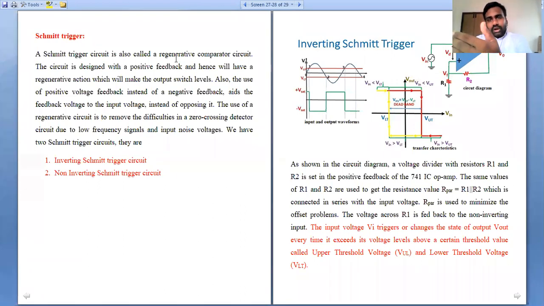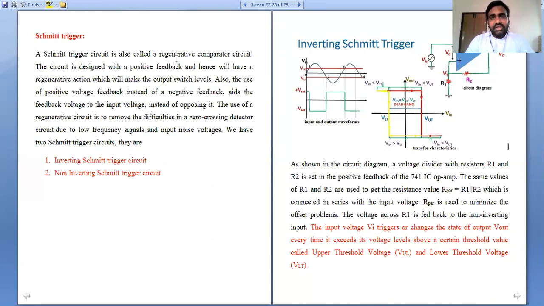Up to this discussion, we have seen a practical comparator circuit and the zero crossing detector. Now we are seeing the Schmitt trigger. Up to now, we haven't come across positive feedback. We have used negative feedback in a voltage limiter, but we haven't gone through the application of positive feedback.